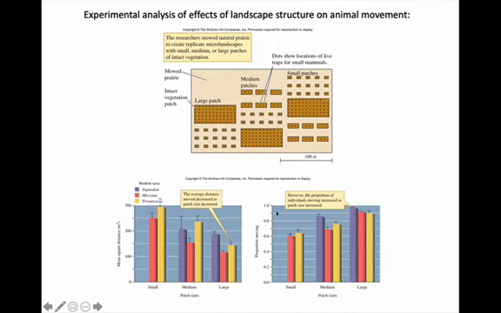So look at how frequently organisms move. The small patches have very low proportions of movement compared to the large patches. So although these animals in the small patches might be driven to move from one small patch to another, they are reluctant to do it.